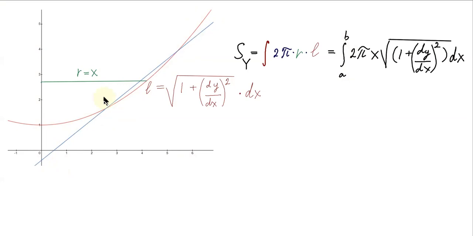How to calculate the area of the surface of rotation? It's not easy even to imagine this surface of rotation, but we were able to calculate it exactly. That is the formula. Okay, so that was rotation about the y-axis.